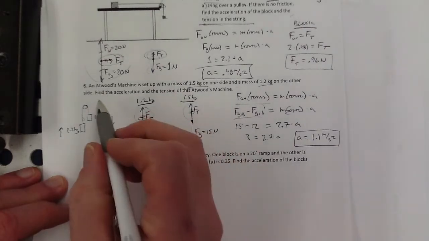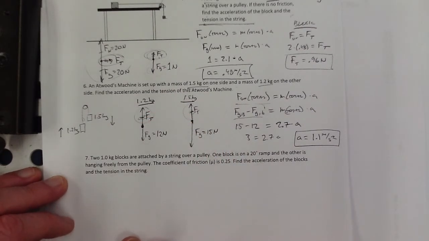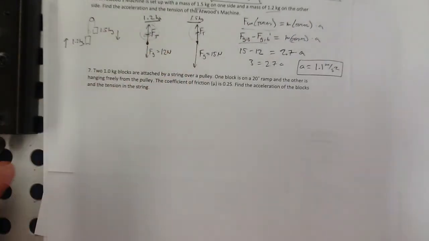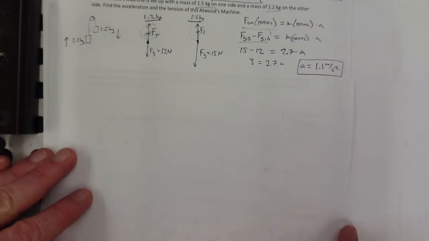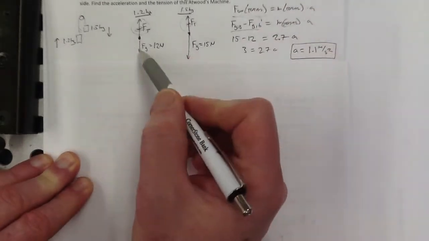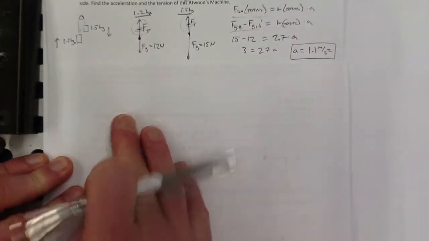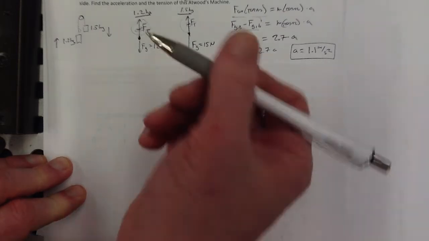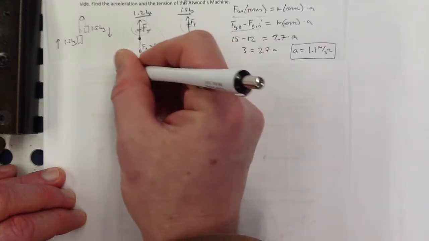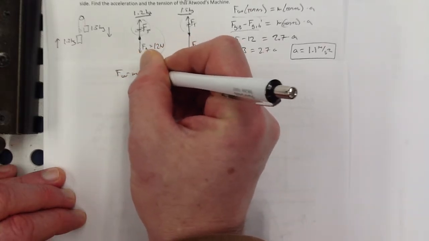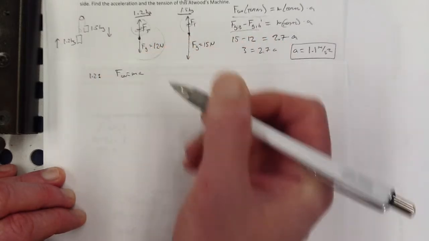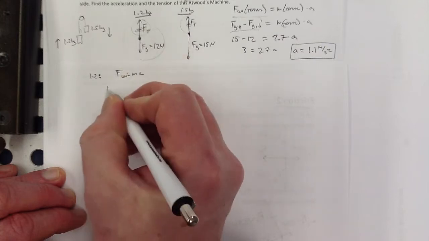And I'm going to find the tension also. I don't really have enough room to do that, so I'm just going to borrow the back of our first page here. Which one of these diagrams should I use to make an equation and then find the tension? Either one, it doesn't matter. I'll do both so you can see that we get the same thing. So here, for this one, tension is winning. So unbalanced force is mass times acceleration. This is for the 1.2 kilogram block.